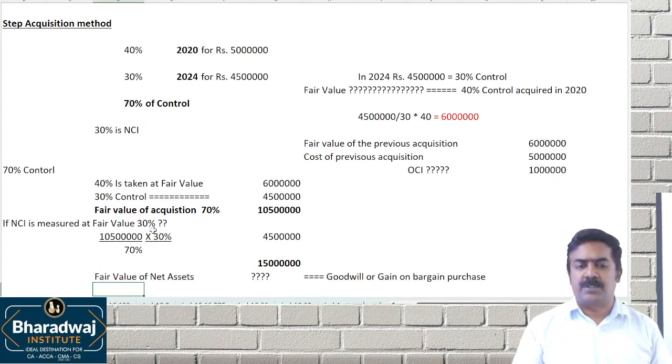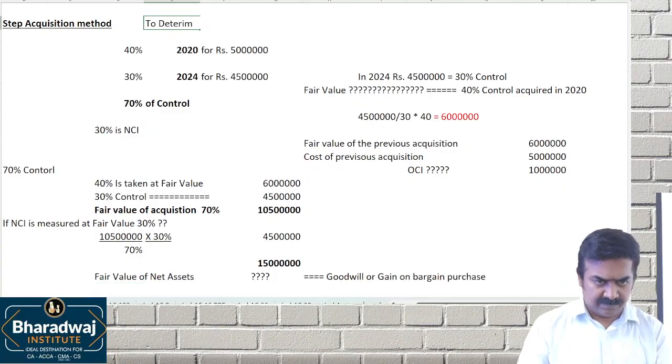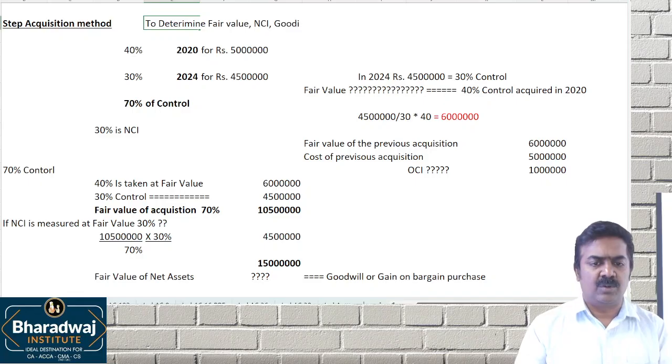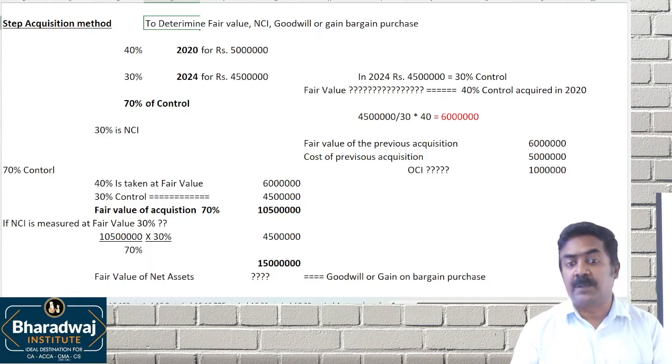So in case of step acquisitions, to determine fair value of NCI, goodwill or gain on bargain purchase, what we need to do?